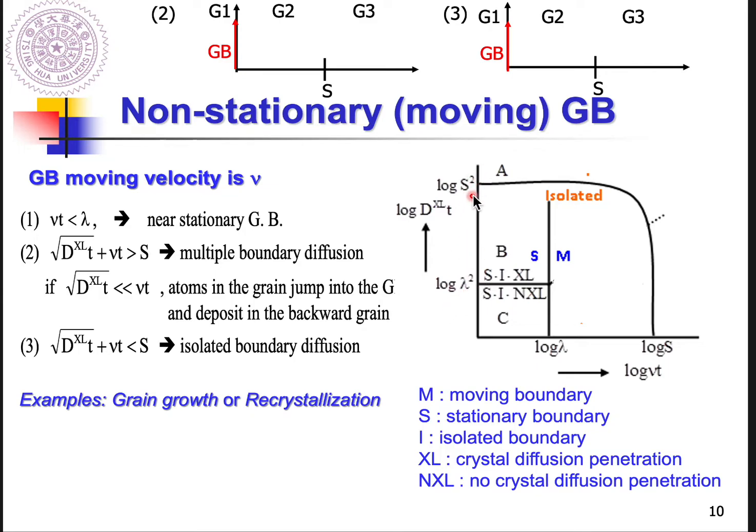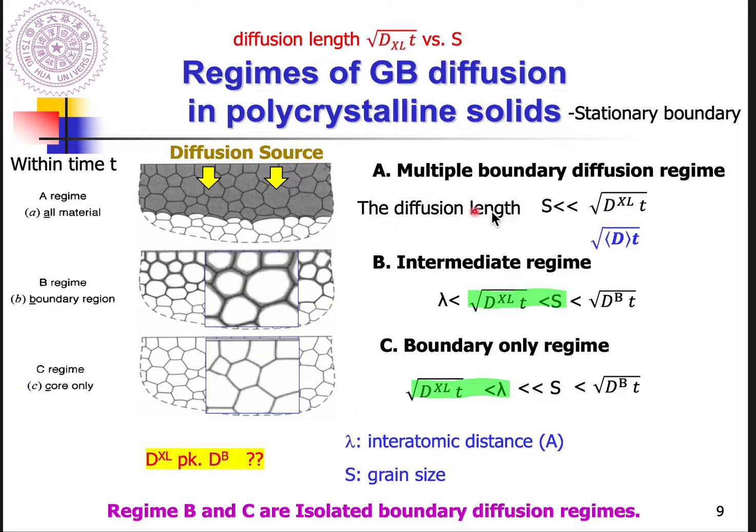As you know, the square root of D_XL t compared with S is the indicator for determining whether the diffusion pattern belongs to A or B, right? If the square root of D_XL t is much larger than S, then the diffusion pattern belongs to the multiple boundary diffusion pattern, diffused through all of the material.